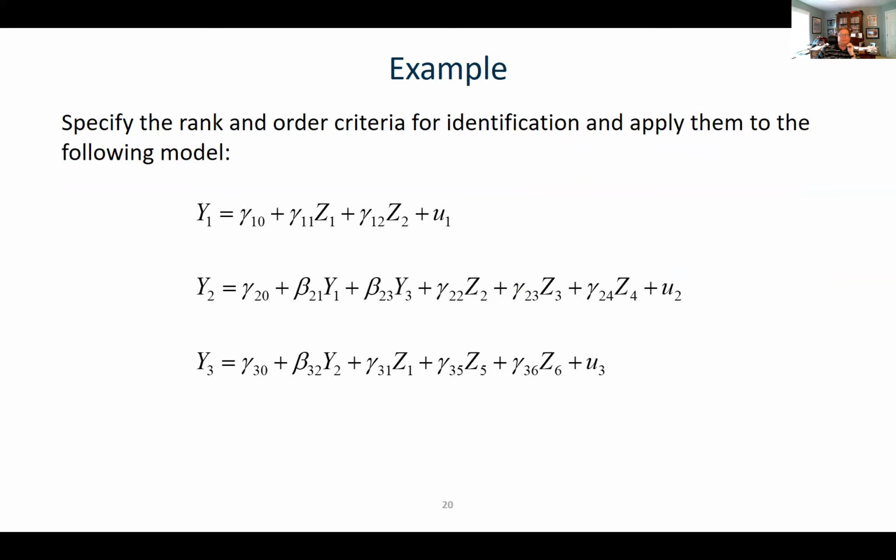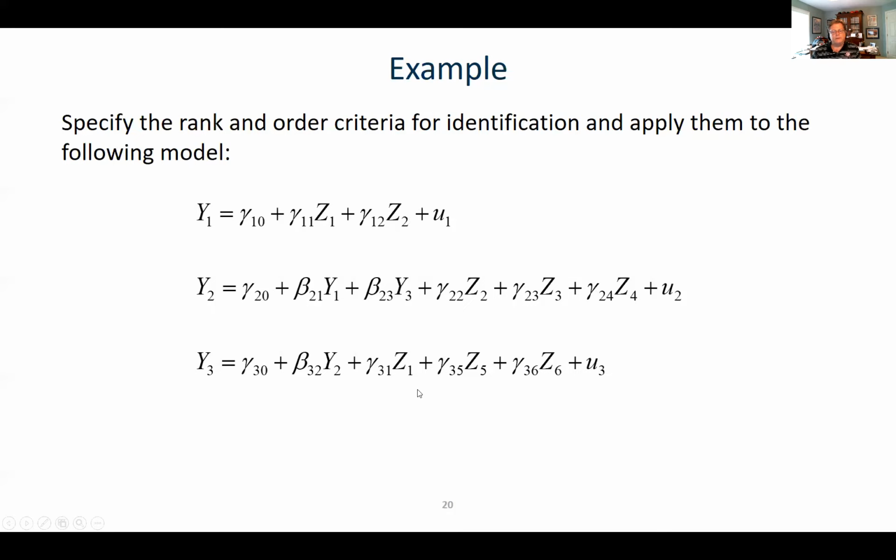So here's an example of a simultaneous equation model. And we'll verify that that would be the case. So we have three endogenous variables. All the equations are stochastic, y1, y2, y3. The predetermined variables, besides the constant term, are z1, z2, z3, z4, z5, and z6.